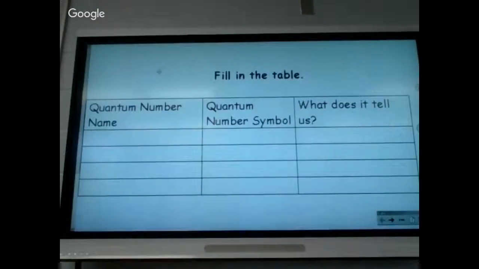I don't care if you just write it across. You don't have to give me the question. I know what the question is. Just write the name, the symbol, and what it means. Side by side. You don't even have to write quantum number behind it. And we did all the names, all the symbols in the homework.